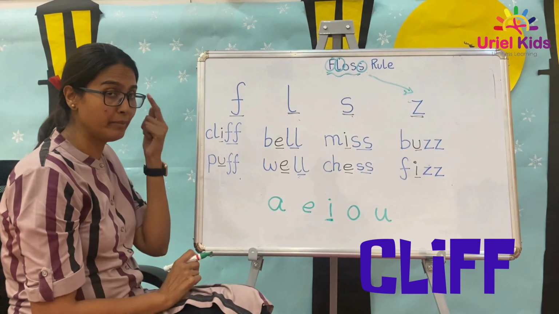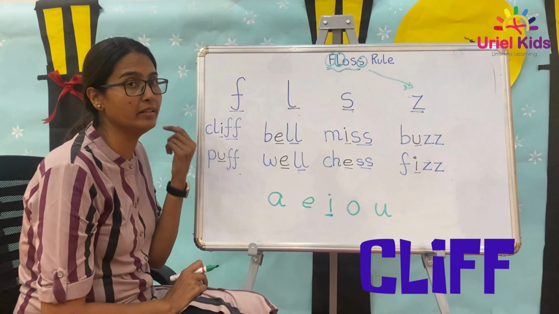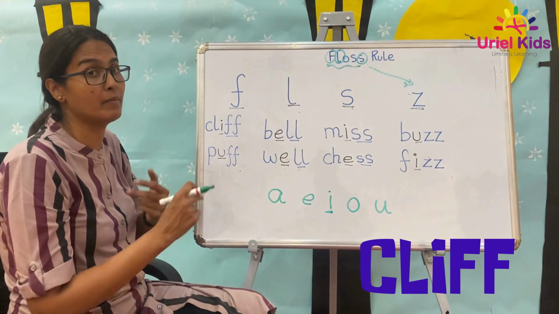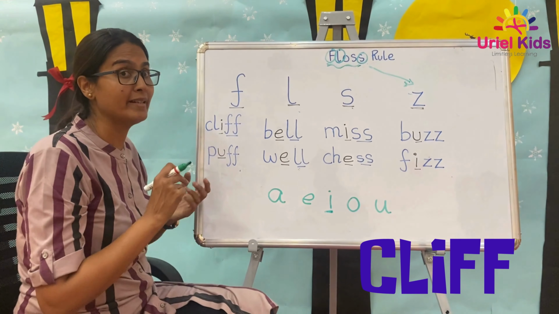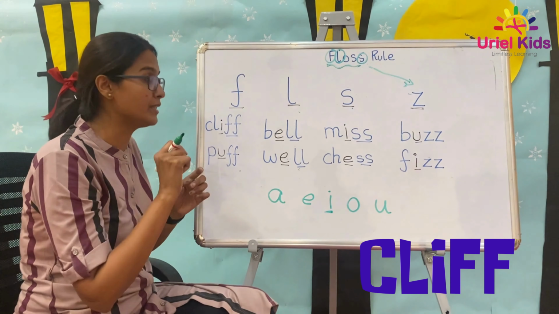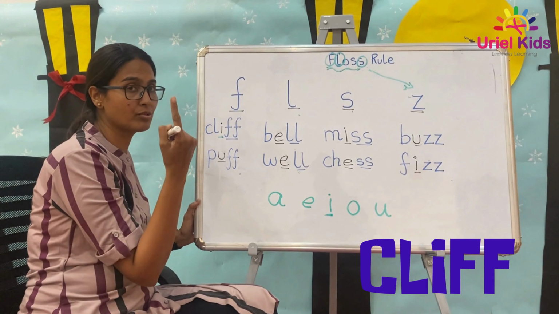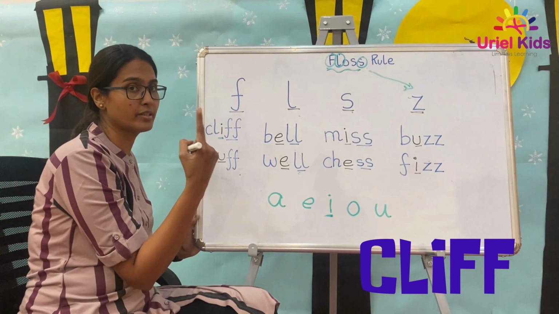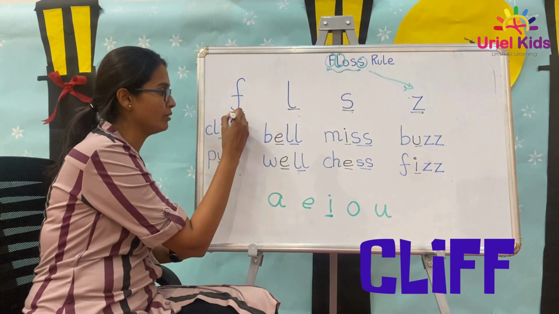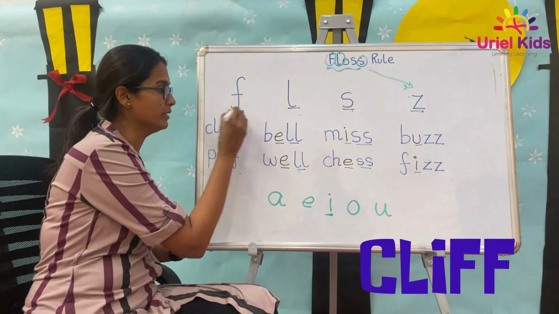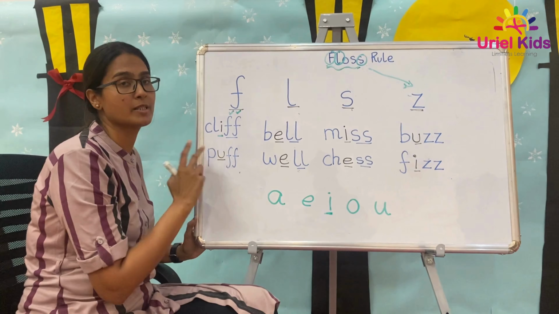So now I have to immediately remember, oh, cliff is ending with the sound f, so it comes under the floss rule. So I have to double the consonant f here. I heard a short vowel sound. Yes. Now the next question is, do I have to double the consonant f sound? So I have doubled it. These are the 2 things that you need to ask yourself whenever you are writing spellings.